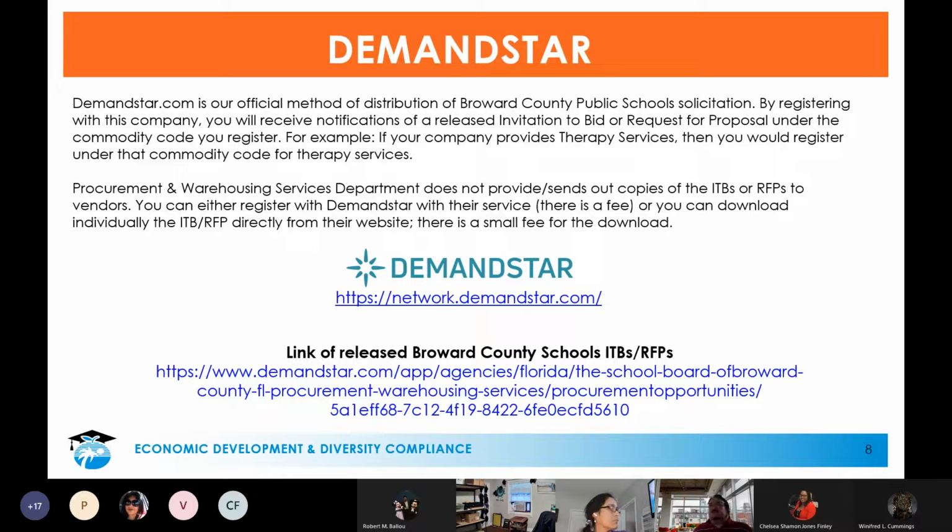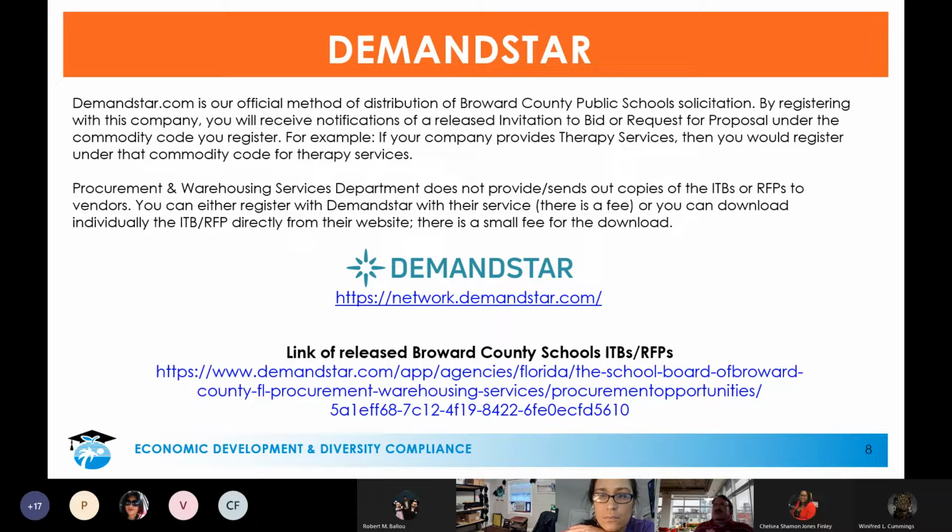You would have to register with DemandStar, and by registering with them, when you obtain a copy of the RFP or ITB, we make sure that any addendums that we send out, and these are corrections to pages or whatever within the RFP, that you receive them.